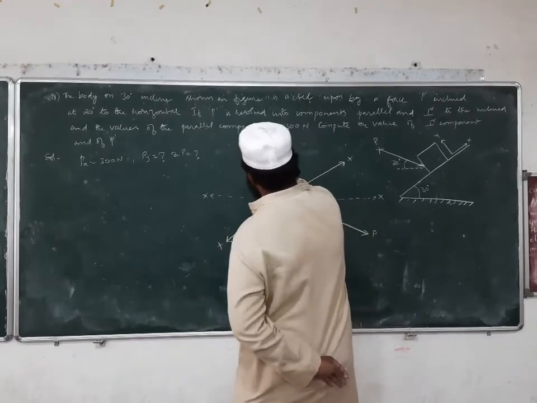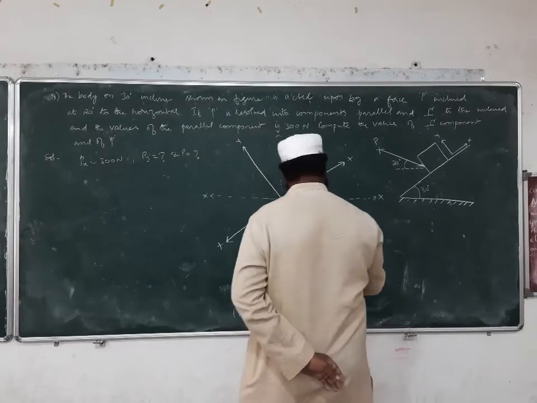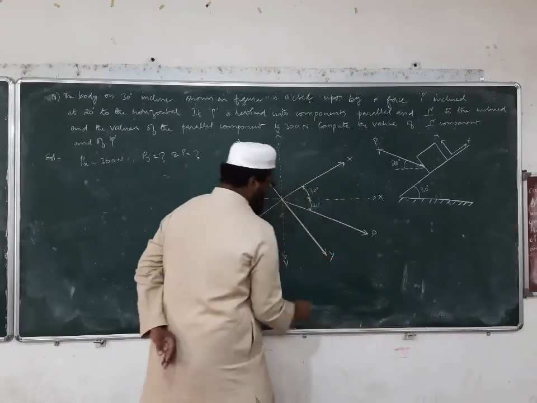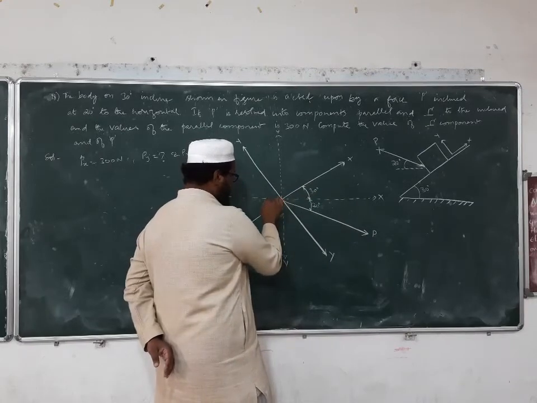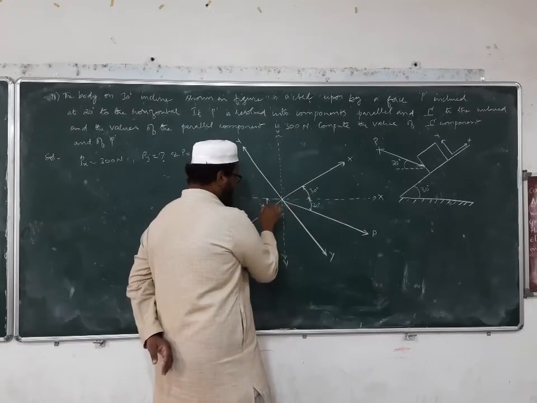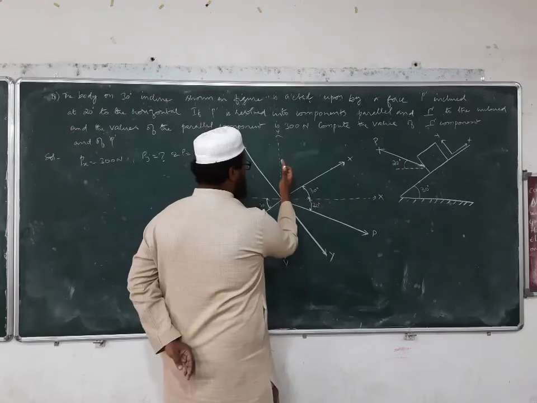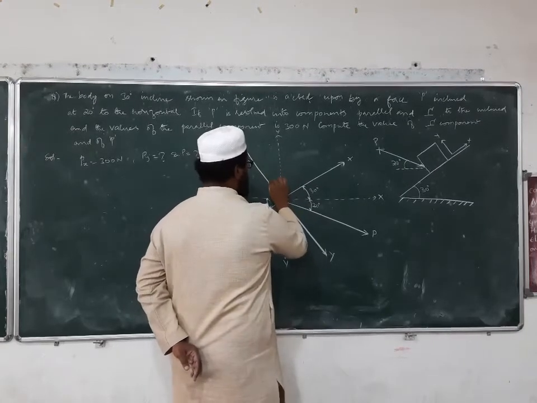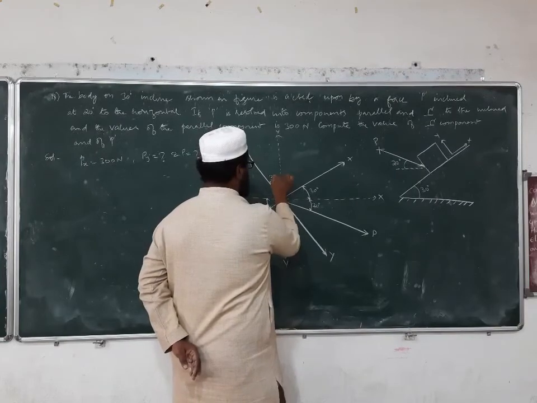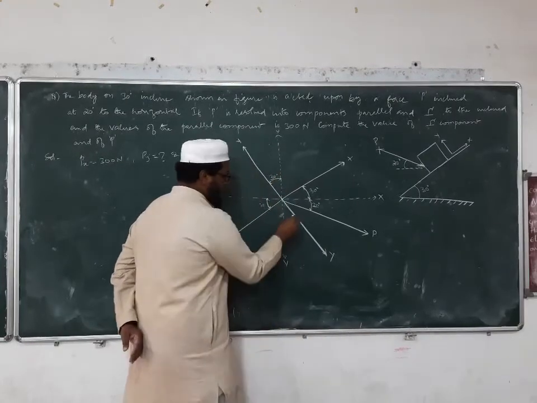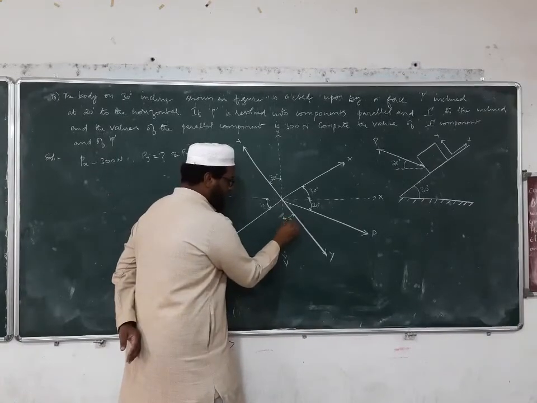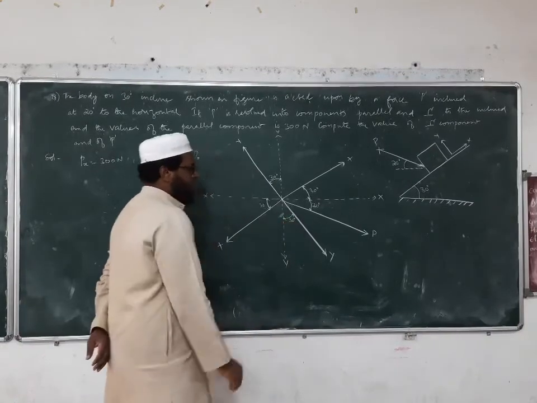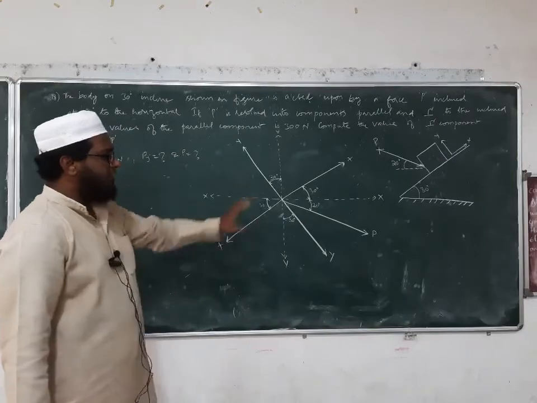So this is my y axis and this angle is 30 degrees. My y axis has rotated in this fashion, so this angle will be 30 degrees and this angle will also be 30 degrees.